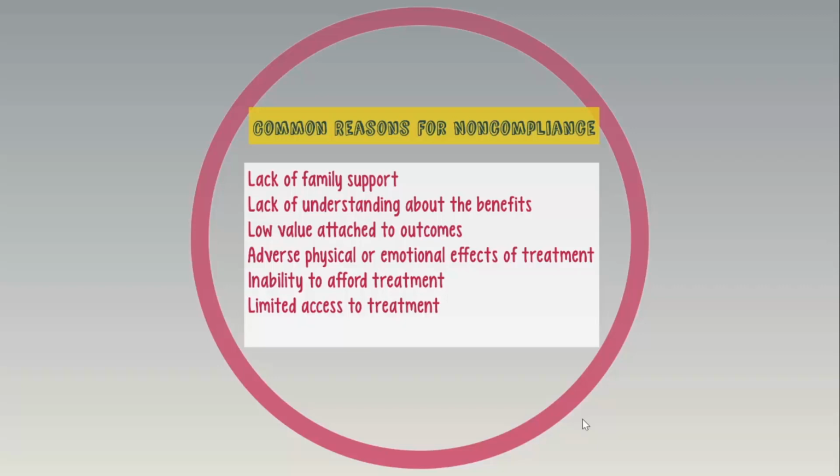Inability to afford treatment and limited access, those are always things that we need to think about with our patients, making sure that they can afford the treatments that we're recommending or wanting them to do, making sure that they have easy access to wherever the treatment is or whatever they need to be doing, that they have home health set up or whatever needs to be done. So we want to make sure that the patient can comply if they'd like to and not have all of these barriers around them.